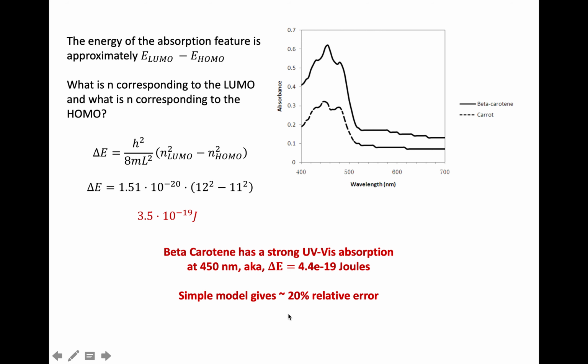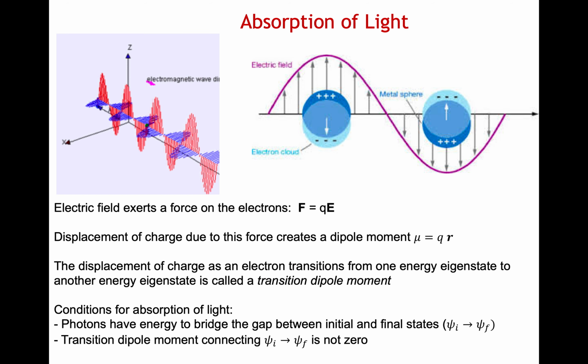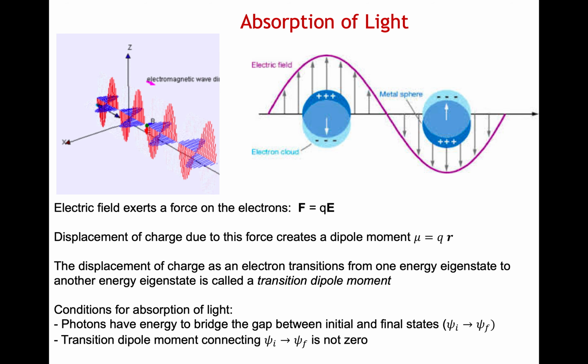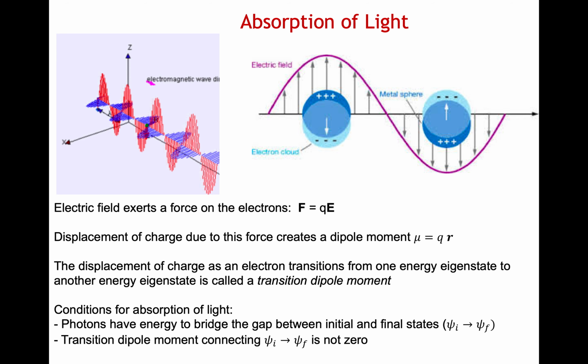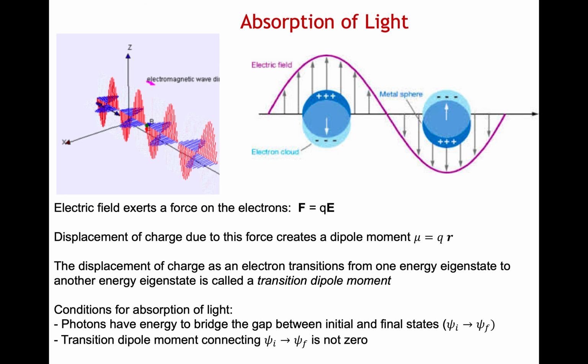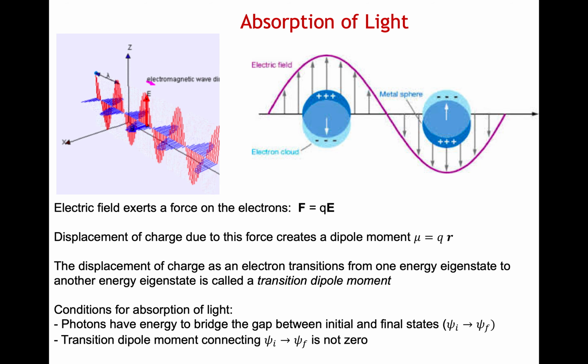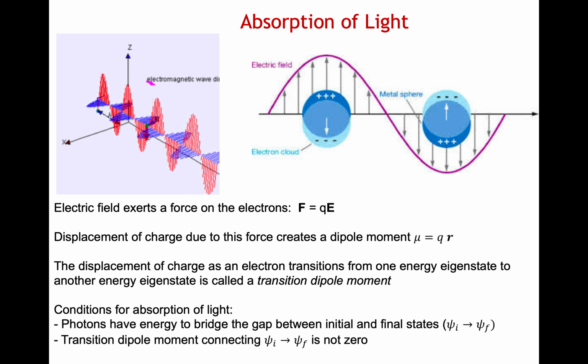It's actually within 20%. So, for a very simple model, that's not so bad. Okay, and so that's all to say that we can use this particle in a box model, which we've talked about extensively before, to estimate the energy eigenvalues and transition energies in conjugated pi systems.